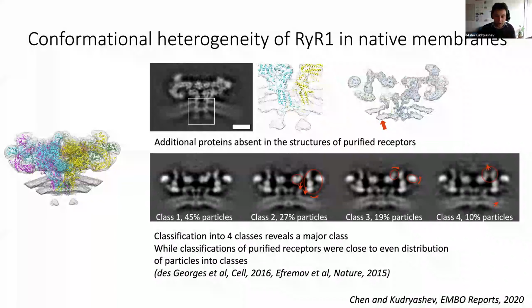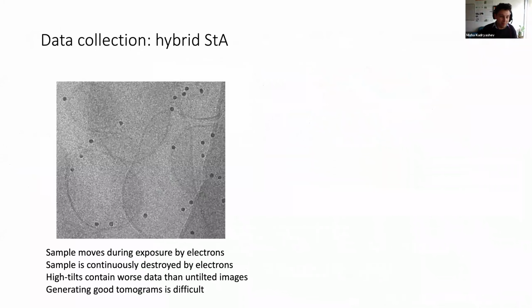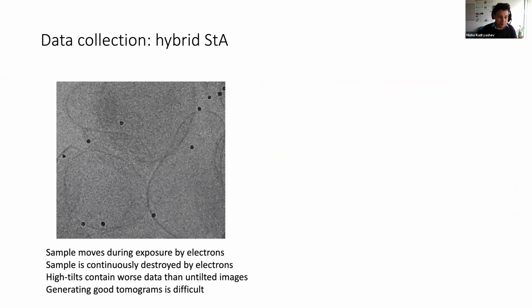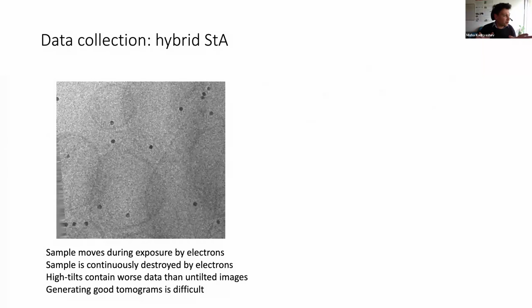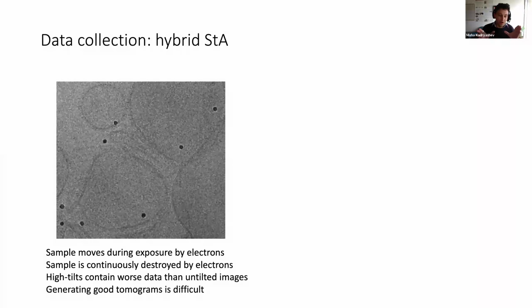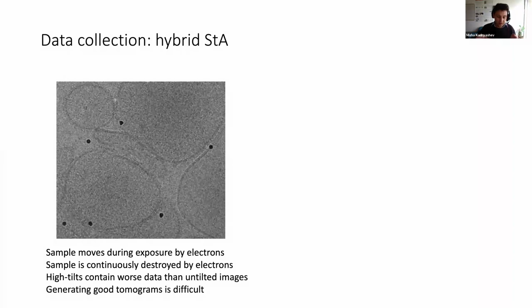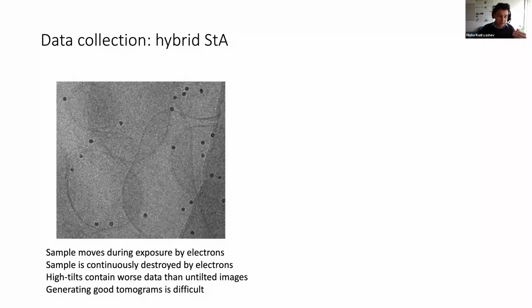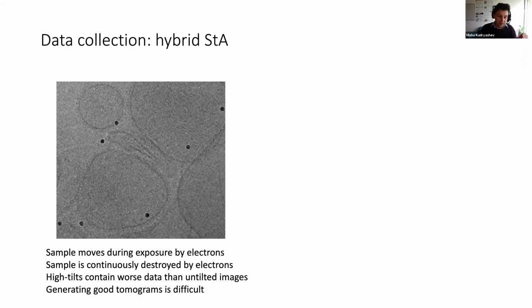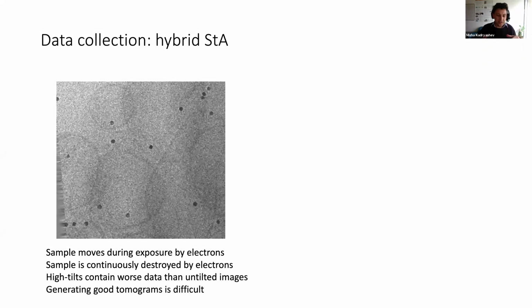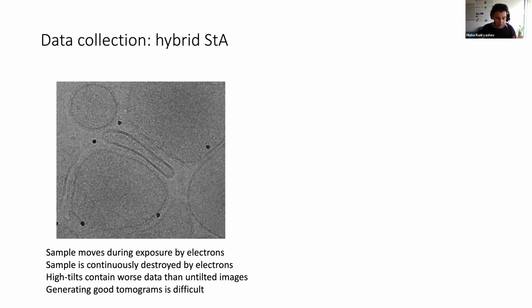And so we thought about tomography, and we came up with this idea of hybrid subtomogram averaging and single particle analysis. So this comes from a notion that when we record a tomogram, our untilted images are recorded first, and then they have lower effective thickness. So essentially, the best data we record is in the untilted image.